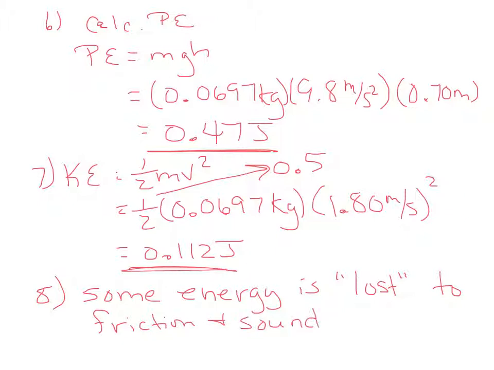It's turned into friction and sound energy, and so it's no longer what we would consider usable energy. It's no longer kinetic energy. But it is not destroyed. It's just been transferred to a different form of energy, and that's why they are not the same.